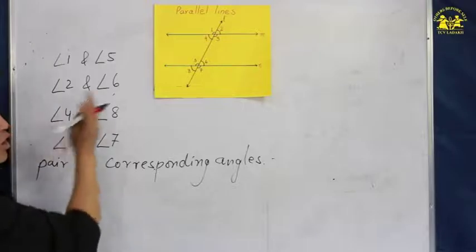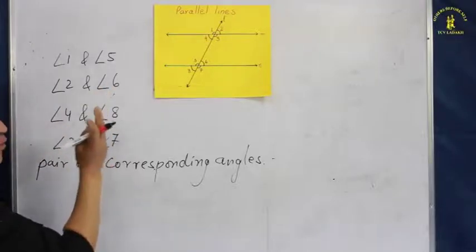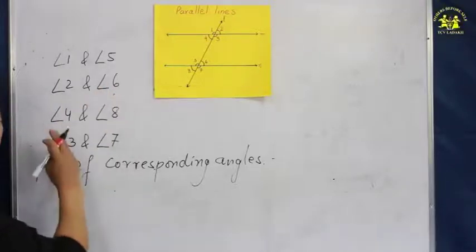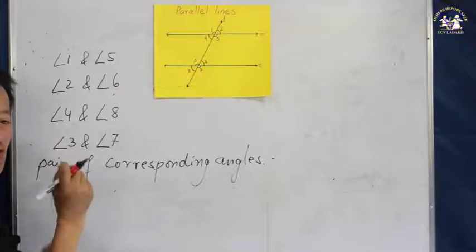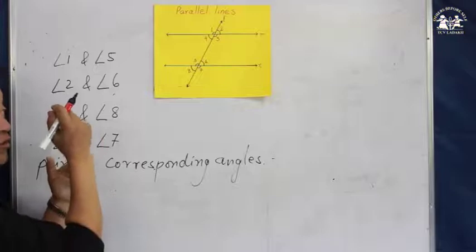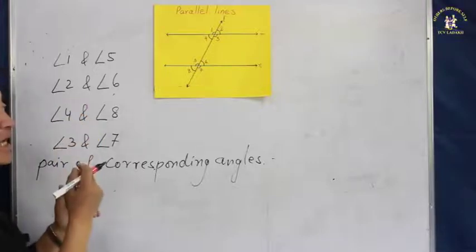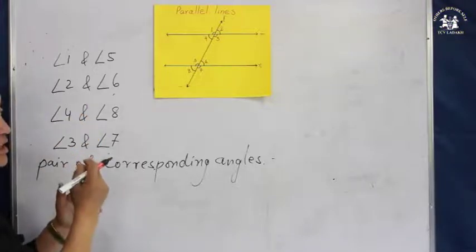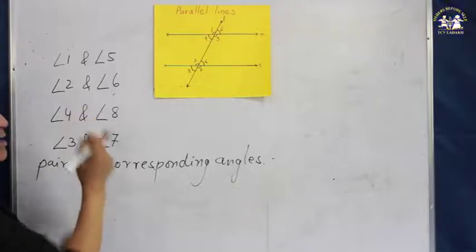So corresponding angles are formed in the same direction. If one angle is formed on the top of the first line, the second angle is also formed on the top of the second line.